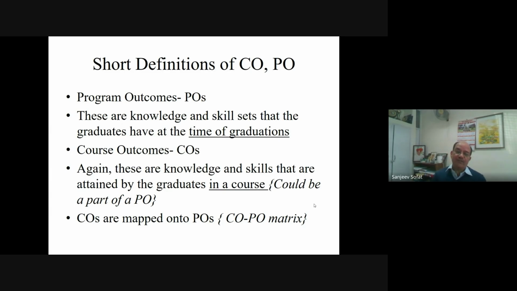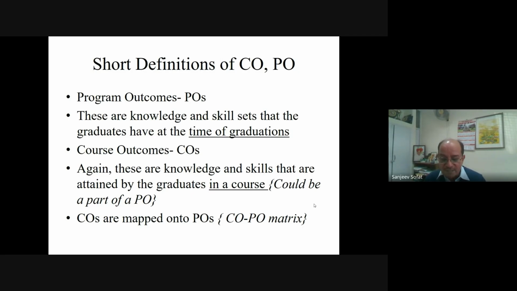Okay, yes, we were at this particular place, program outcome and the course outcome. Both program outcome and course outcome are knowledge and skills which somebody is attaining. But program outcome is a culmination of his 4 years through which he attains all these things, whereas course outcome is what knowledge and skill he attains in a particular course.